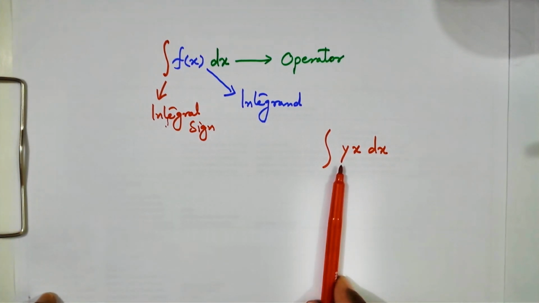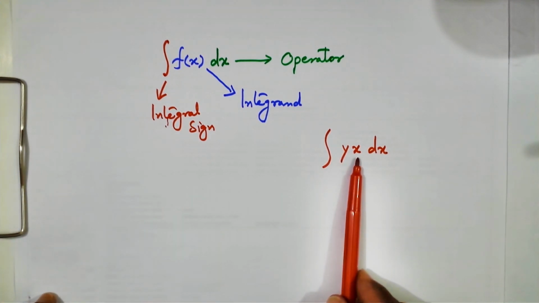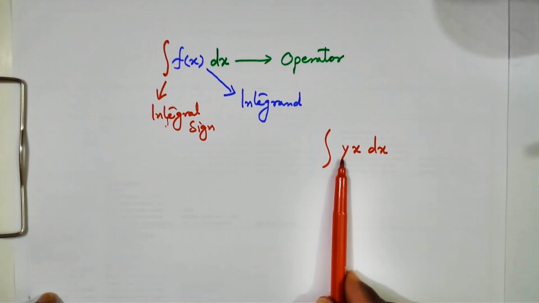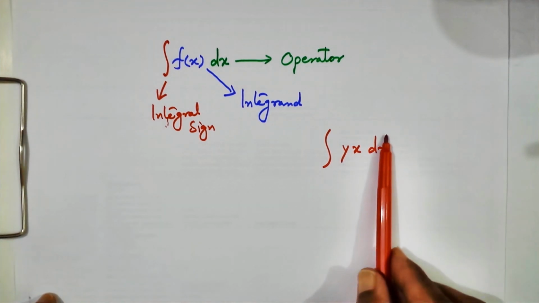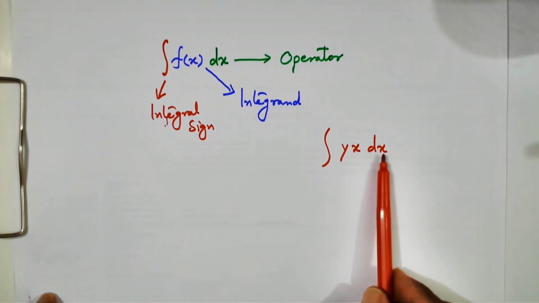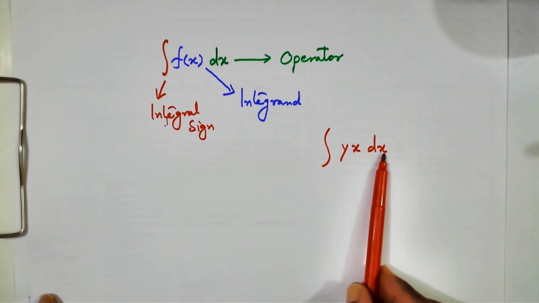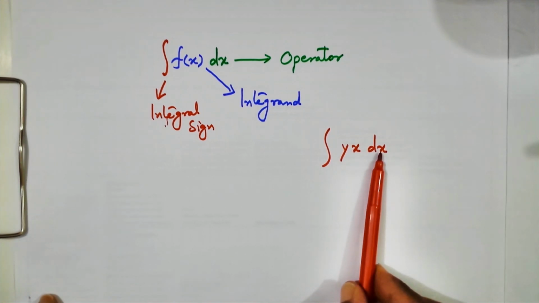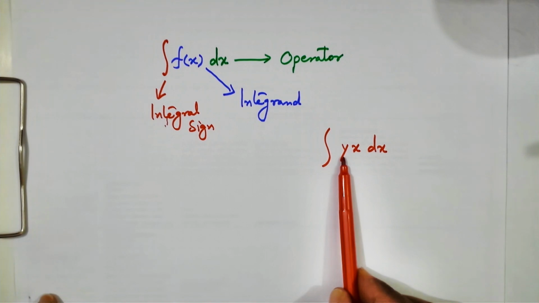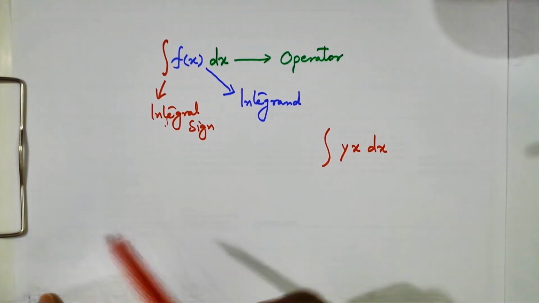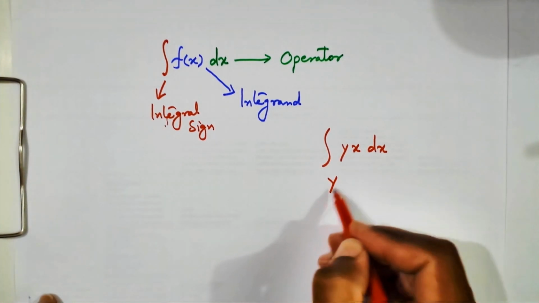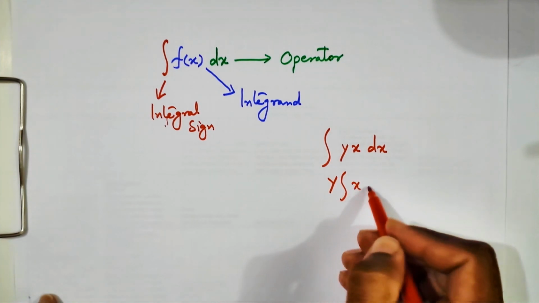Here in the function there are two variables x and y, but you see that the operator consists of variable x, so all the rules of integration will apply on the variable x, and the variable other than the one in the operator will be treated as a constant value, so we can take it out from the integral sign.